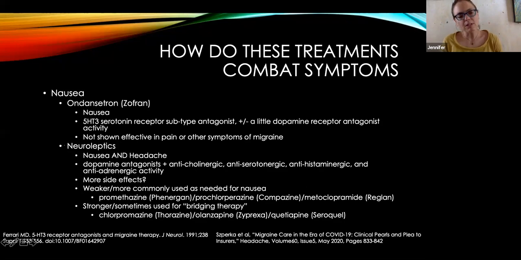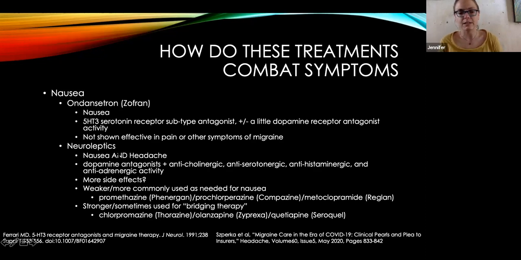And then you have this whole other family of medicines, stuff like Compazine and Reglan and all of those, which can be very helpful for migraine nausea, but also are thought to have some effect on the headache portion of it as well. Those fall in a group that we call neuroleptics.